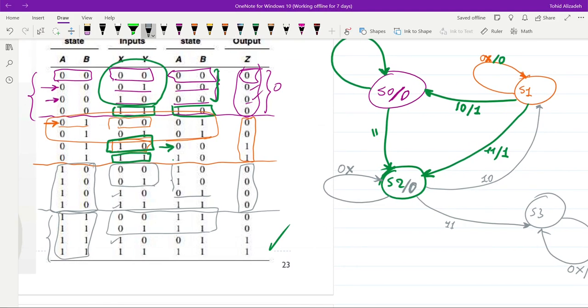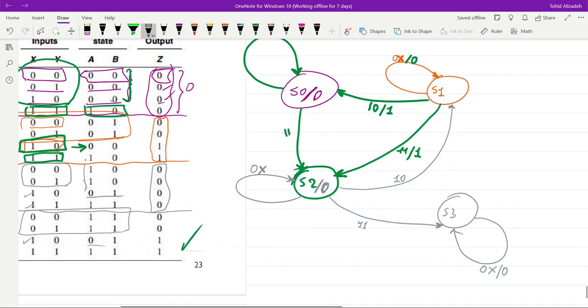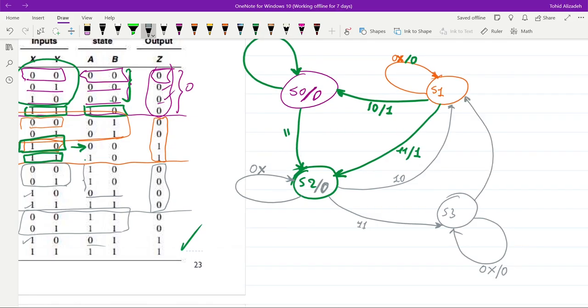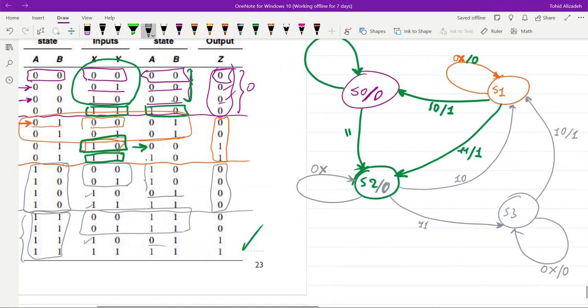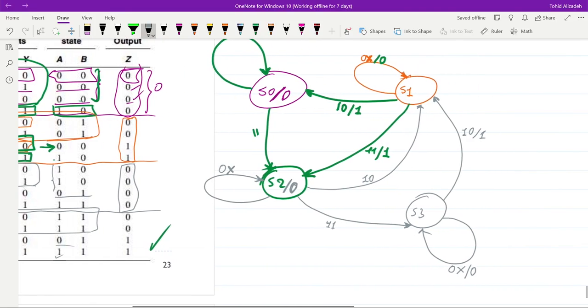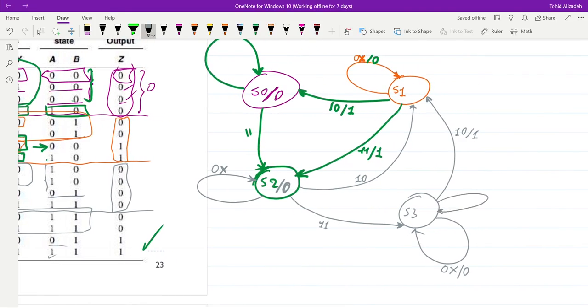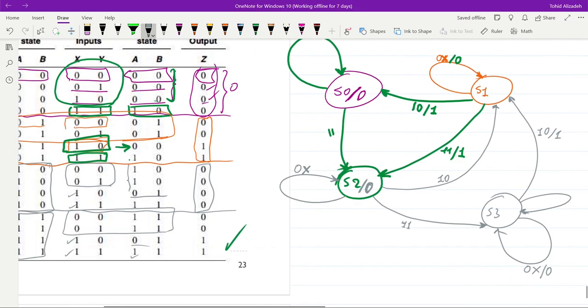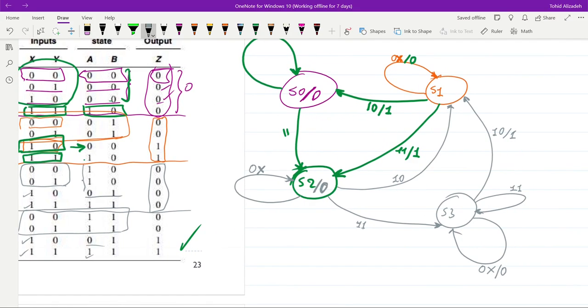If we receive 1, 0 as the input, we will switch to 0, 1. So 1, 0 as the input, the output will be equal to 1. And if we receive 1, 1 as the input, the next state will be 1, 1 again, and the output will be equal to 1. So we will have this as well. If we receive 1, 1 as the input, the output will be equal to 1.